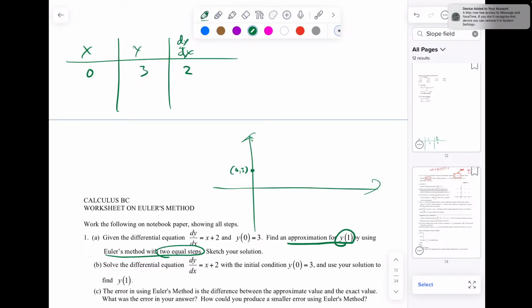But the 2 iteration part is, well, we're going to use 1/2 now. And we're going to figure out what y is, and we're going to figure out what the new dy/dx is. So with the first one, my equation tangent line is y minus 3 equal to 2 times x minus 0. Is that okay?